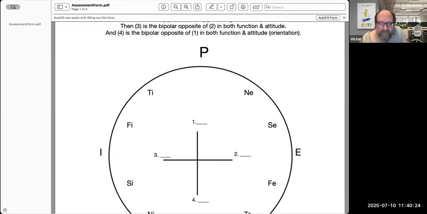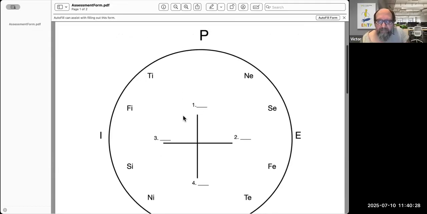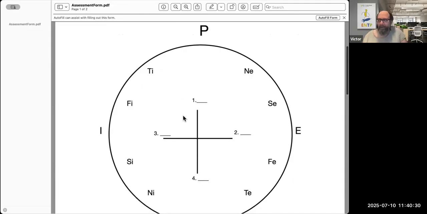Does everyone see this circle again? We're squaring the circle. You're correct about the bipolar opposites. So in position 1 for Leonard Bernstein, we have extroverted feeling.